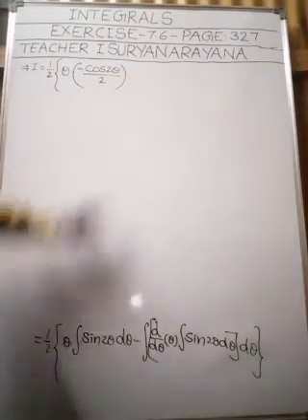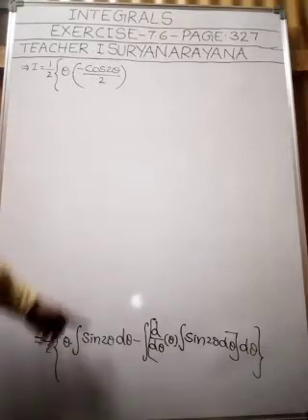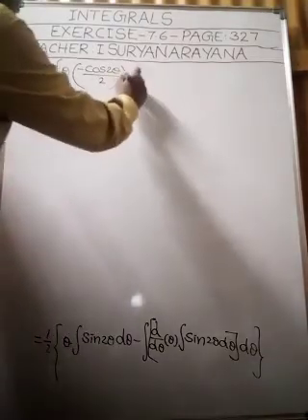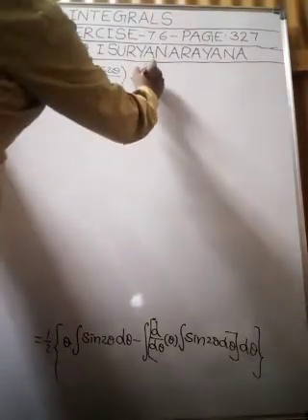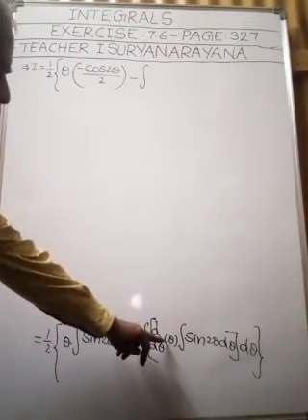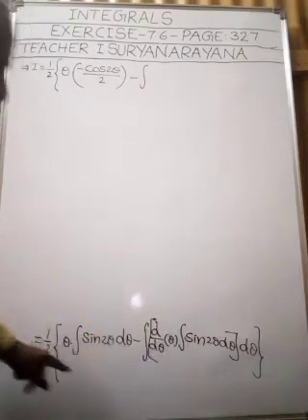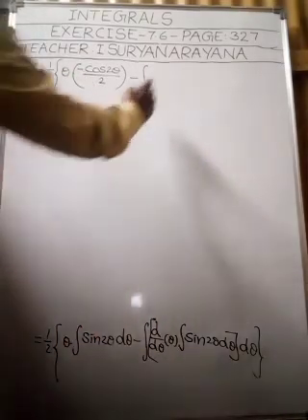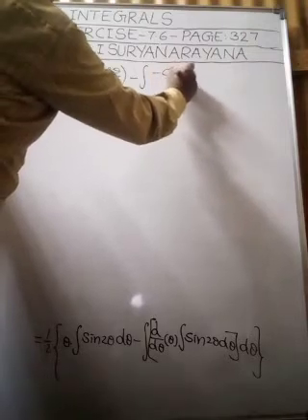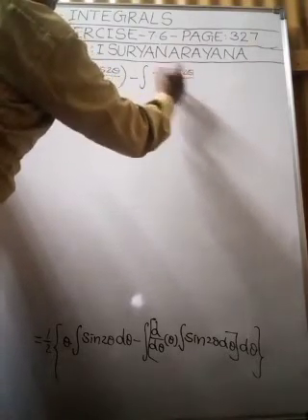This is the integral of this function. Minus integral of d by d theta of theta, what will we get? 1. So 1 into integral sin 2 theta, minus cos 2 theta by 2.